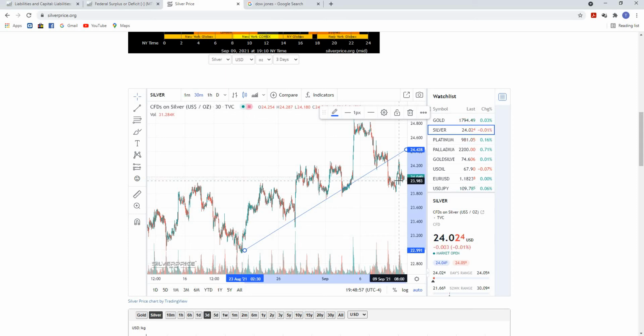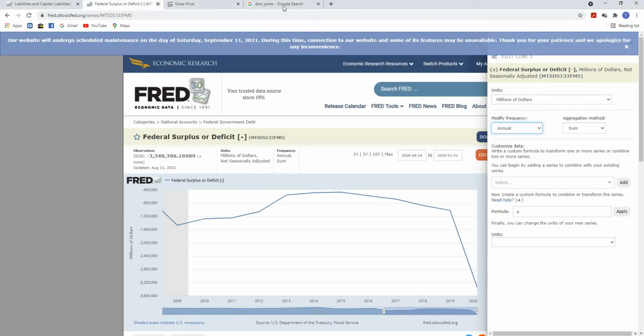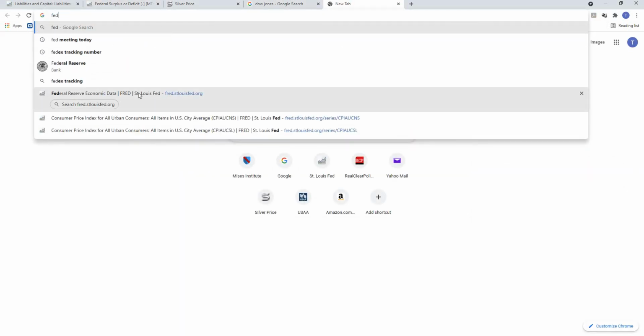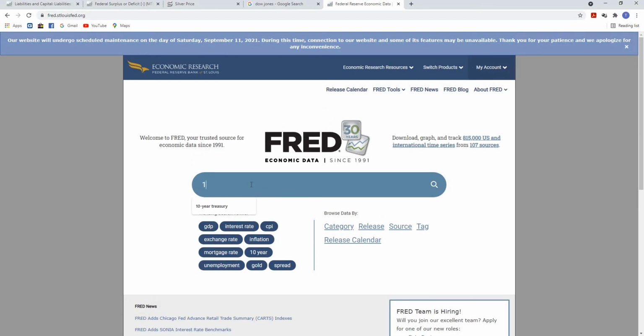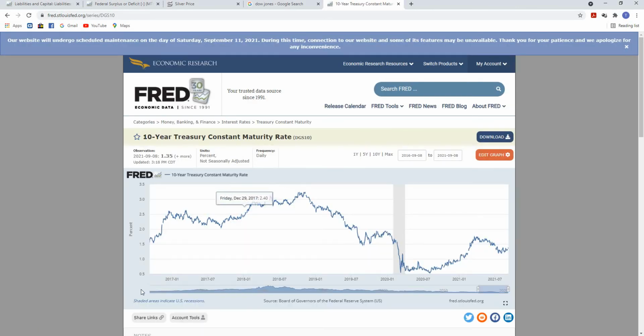It could be that there is a flock to safe havens because the Dow Jones has not been appreciating in price. It's been kind of deteriorating, but the flock is actually to the bonds, okay? So we could be seeing a situation where government bonds, and I'll pull up the 10-year Treasury rate, may actually be seeing that interest rate fall and drop.